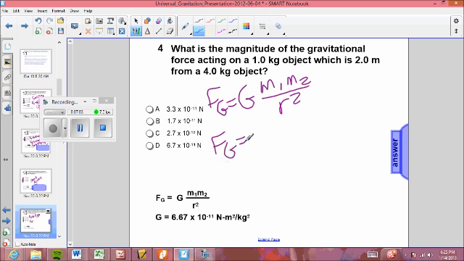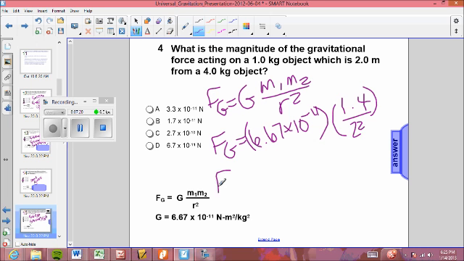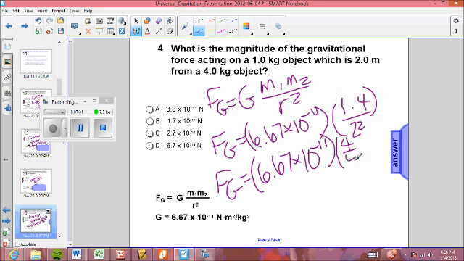So now we've got 6.67 times 10 to the negative 11 times 1 times 4 divided by 2 squared. So now 4 over 4 we know is going to equal 1. So 1 times the number is going to give us our 6.7. So we're going to just get that.